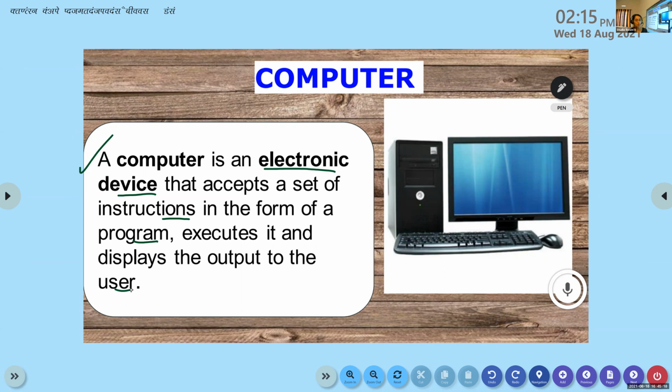So can you just give me one example for the input device? Oops, I forgot that you are not using anything, isn't it? Ma'am, keyboard. Keyboard, then mouse. What about output? Monitor, yes. What about others? You are not familiar with the parts? Try to answer.